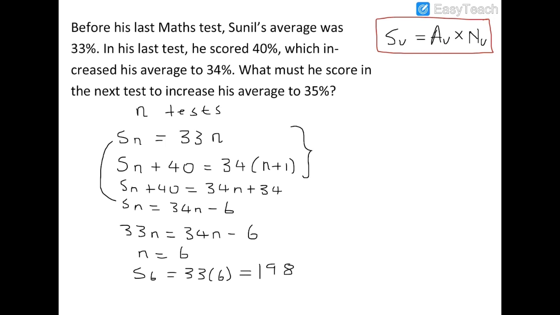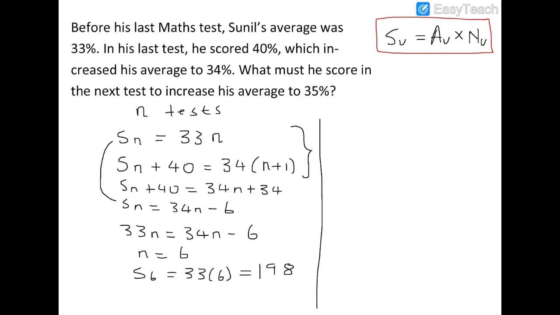Okay, now we have n and we have Sn. Now, it says, what must he score in the next test to increase his average to 35%?